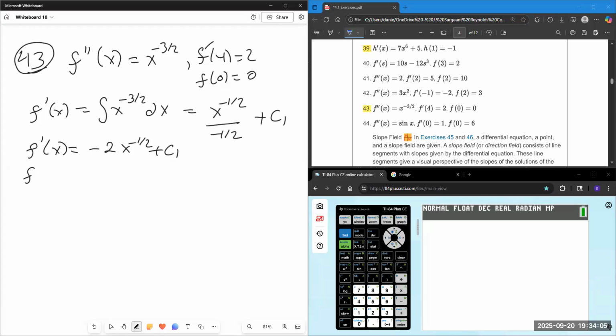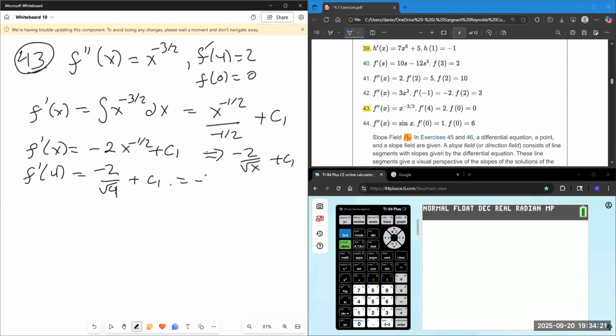Let's make this negative 2 over the square root of x plus C1. F prime of 4 is negative 2 over the square root of 4 plus C1, which is negative 2 over 2 plus C1, which is negative 1 plus C1.